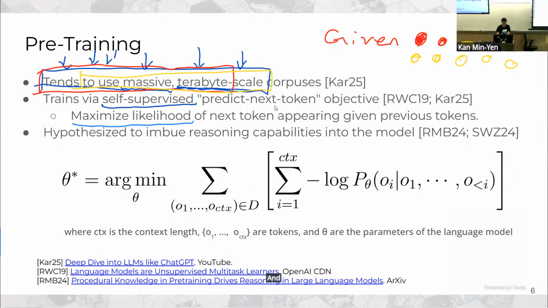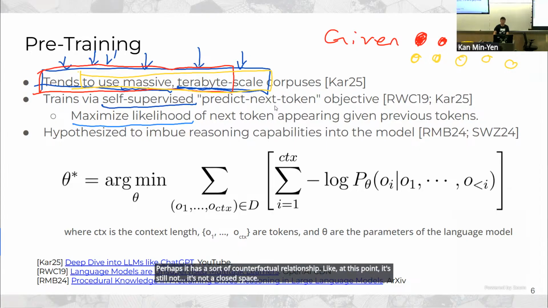And one of the interesting things is that we've actually seen that pre-training is potentially responsible for most of the reasoning capabilities, or rather, perhaps it has a sort of counterfactual relationship. At this point, it's not a closed case, right? But the ongoing hypothesis is that we do have reasoning capabilities coming from this particular stage of the model.